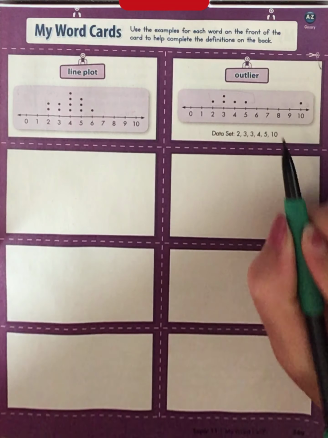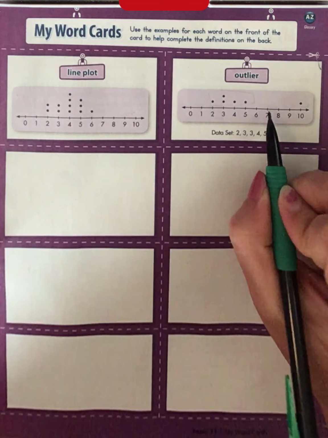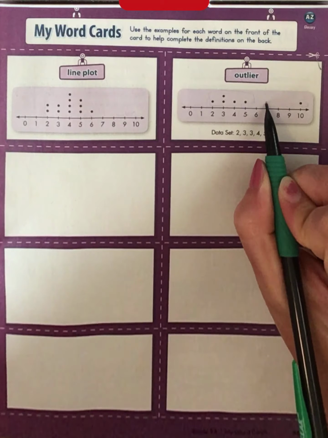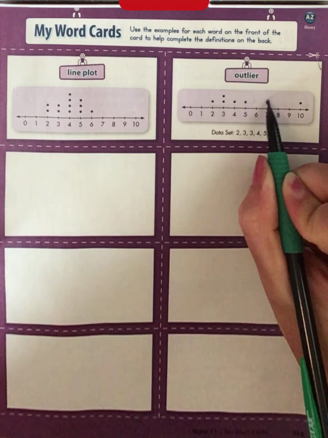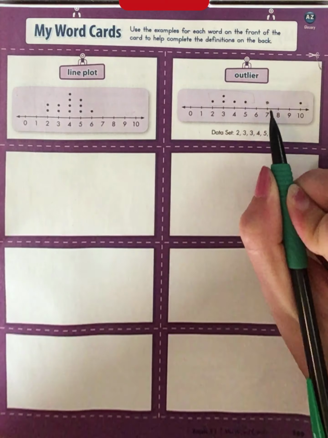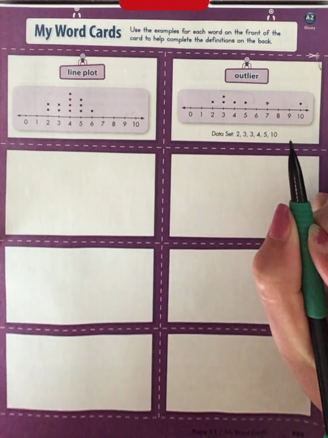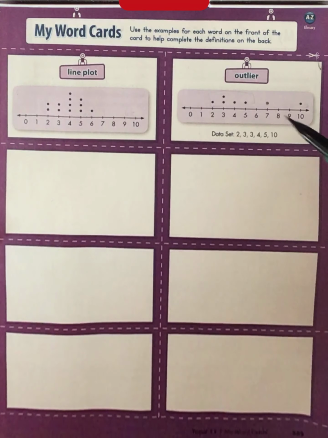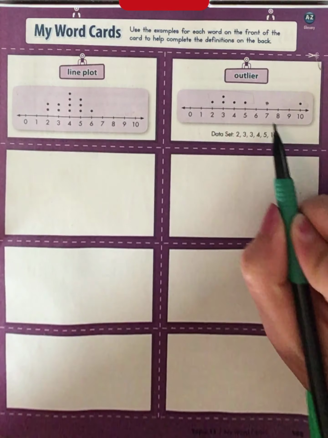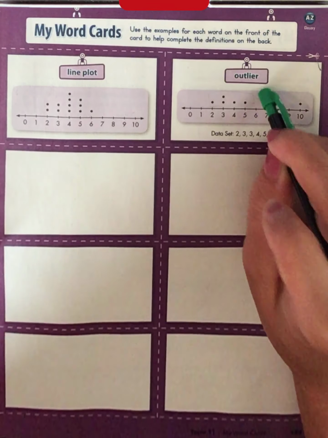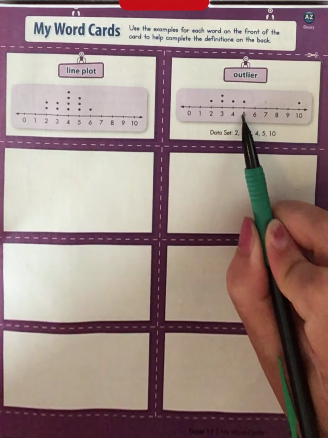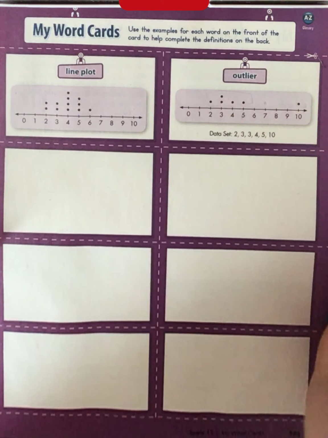If we had 7 plotted here, we would not consider 7 to be an outlier. Remember, the key thing with an outlier is any number in the data set that is very different. 7 is not very different from 5. However, 10 is. 10 is very different from 5, 4, 3, or 2.